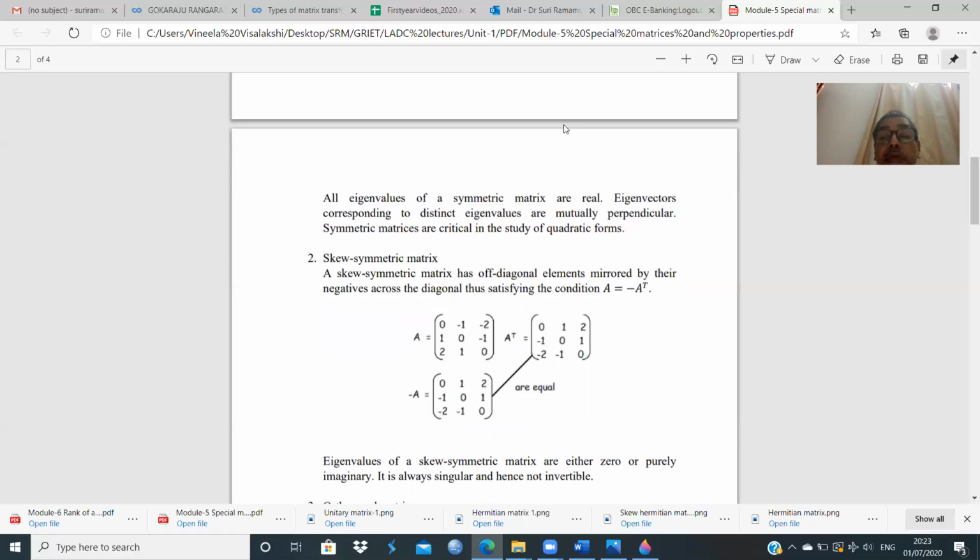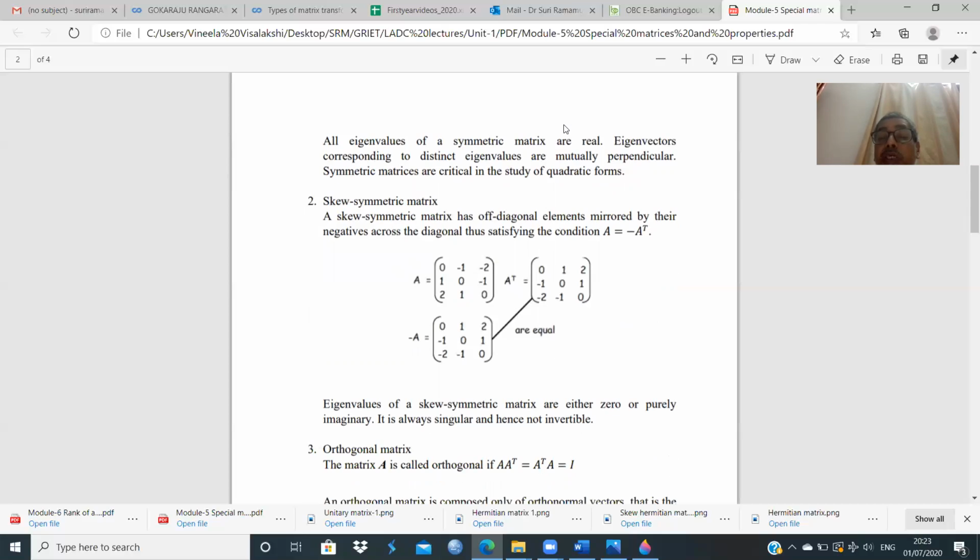Then comes a skew symmetric matrix, which requires that the rule A = -A transpose be satisfied. So here we have an example of a matrix A, as you can see, with 0 diagonal elements.